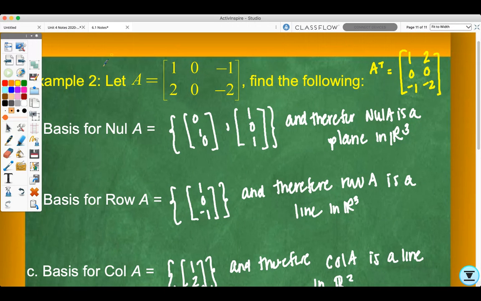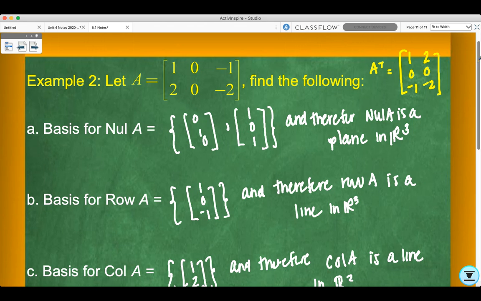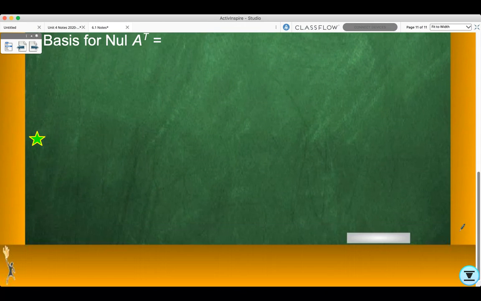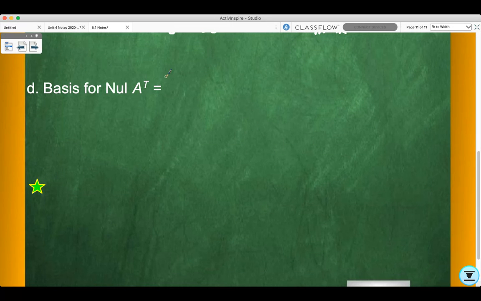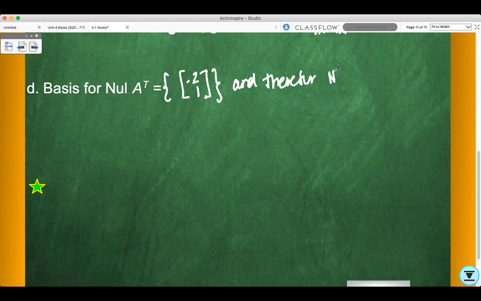So the basis for Null A transpose would be (-2, 1). And therefore, Null A transpose is a line in R2.